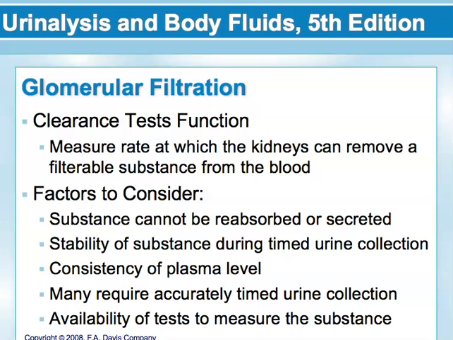So some factors to consider when selecting a test: the substance to be analyzed must be one that is neither reabsorbed nor secreted by the tubules in order to ensure the glomerular filtration is being measured accurately. Other factors are the stability of the substance during a possible 24-hour collection period, plasma level consistency, the availability of the substance to the body, and the availability of the tests to analyze the substance.